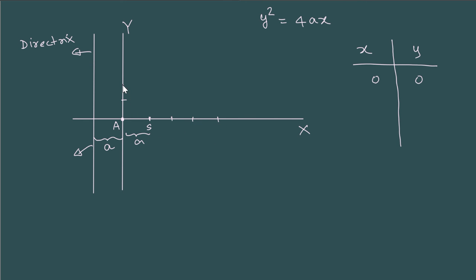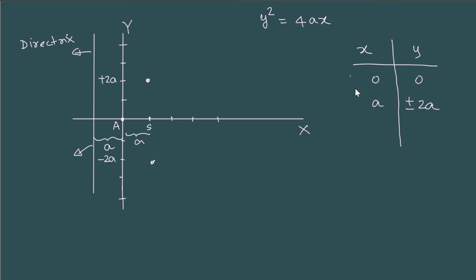Then again, let's take these values in terms of a. Okay, so if I take x as a, y square is 4a square, and then we'll get plus or minus 2a. So we can plot these 2 points. When x is a, the y values are plus 2a and then minus 2a. Okay, so this is plus 2a and this is minus 2a.